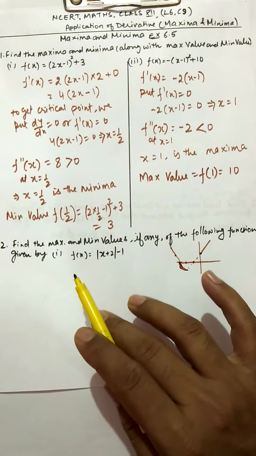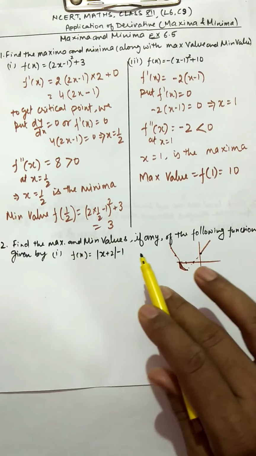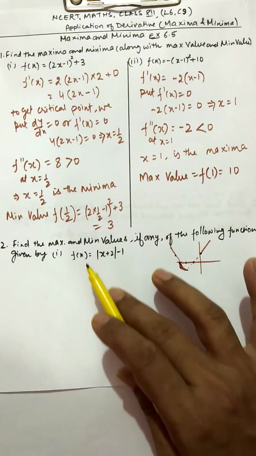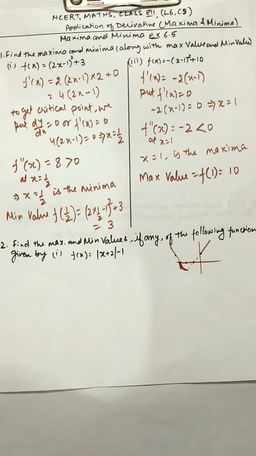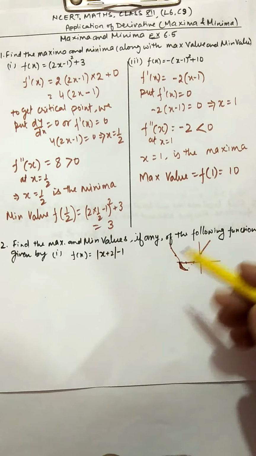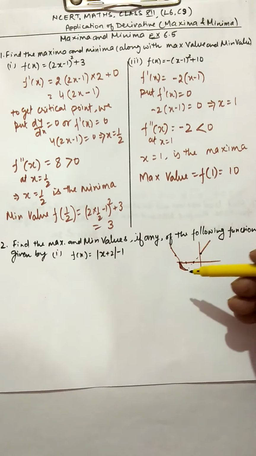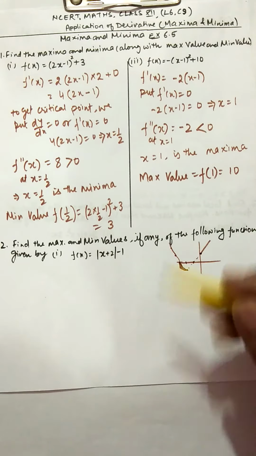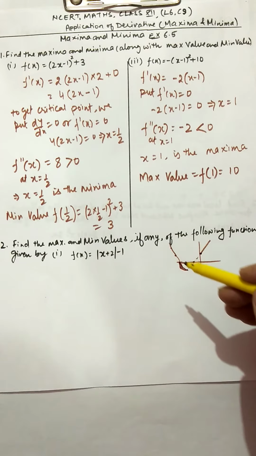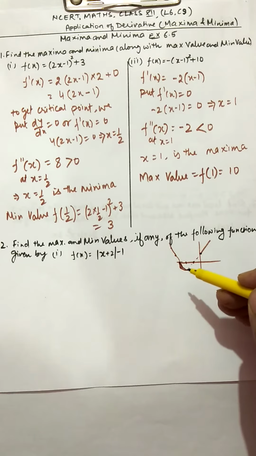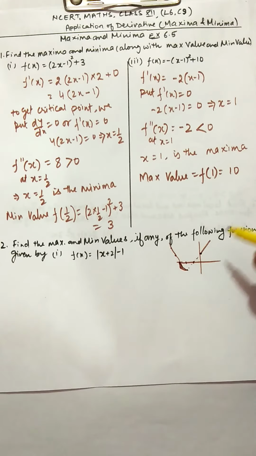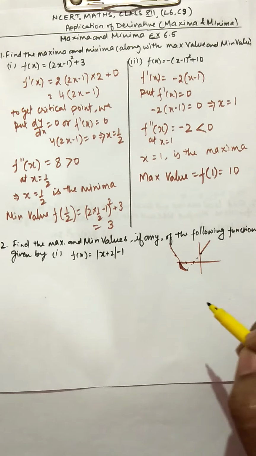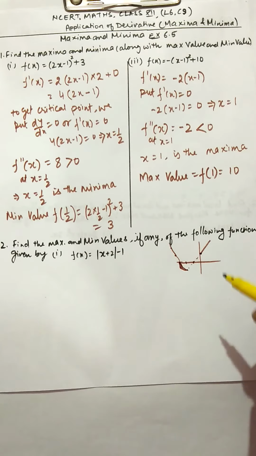Okay, see this: find the maximum and minimum values, if any, of the following functions. The first one is f(x) = |x + 2| - 1. If we draw the graph, we can see that this function is first going down and then it's going up, and y is going to have a very large value.